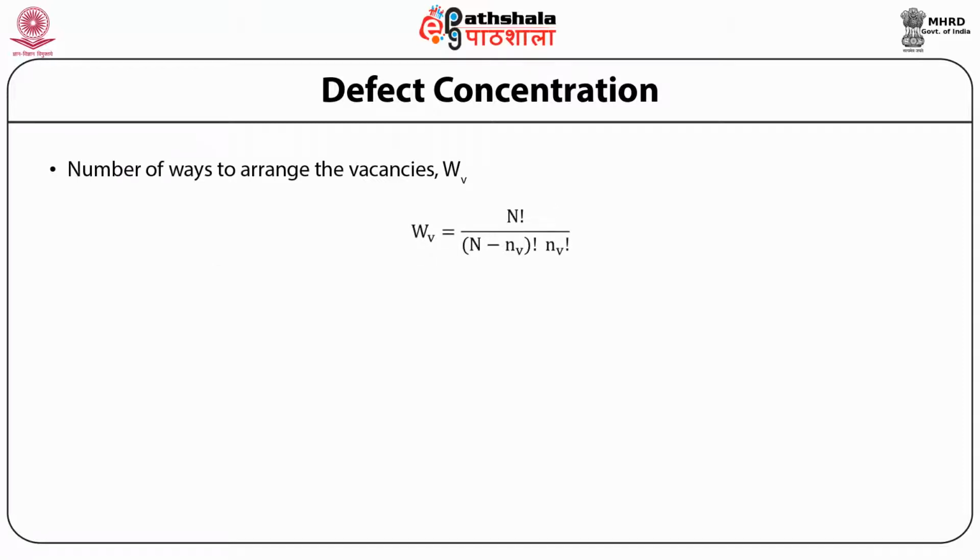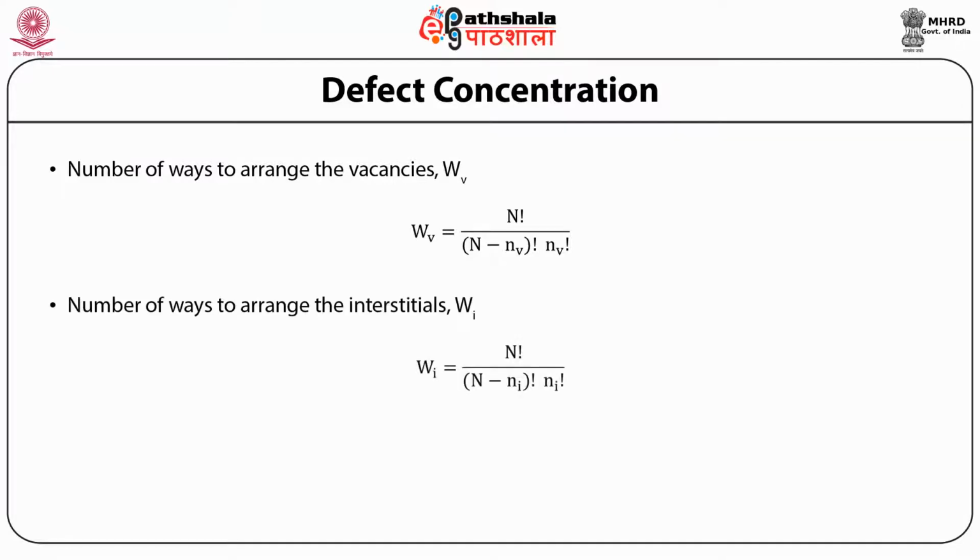So the number of ways to arrange the vacancies, that is Wv, is equal to N factorial divided by (N minus Nv) factorial times Nv factorial.